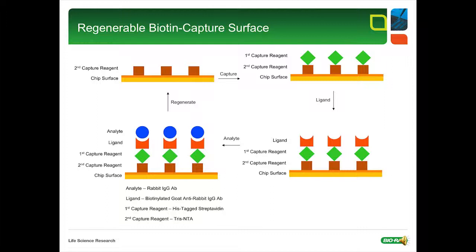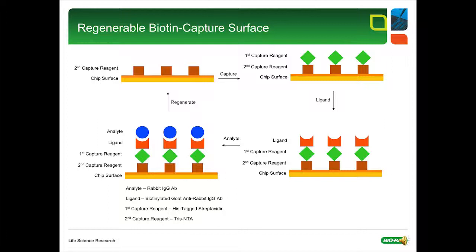And after the SPR analysis is completed, we inject regeneration buffer solutions to remove all the his-tagged streptavidin, ligands, and analytes from the surface. And the sensor chip surface will be restored, so it will contain only tris-NTA surface.